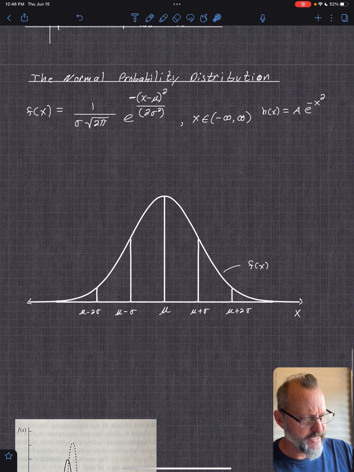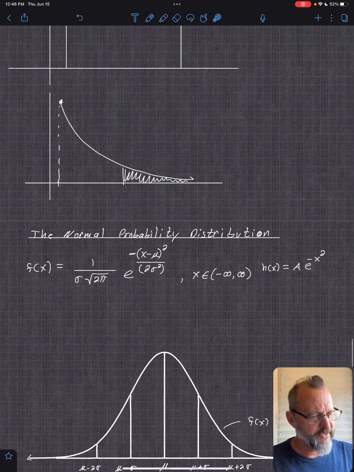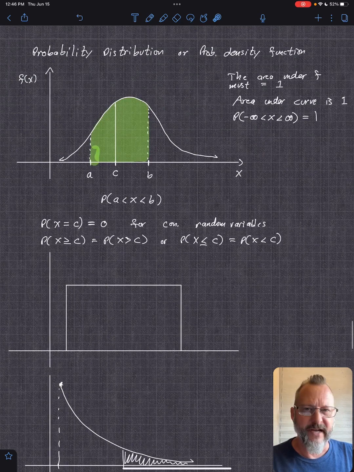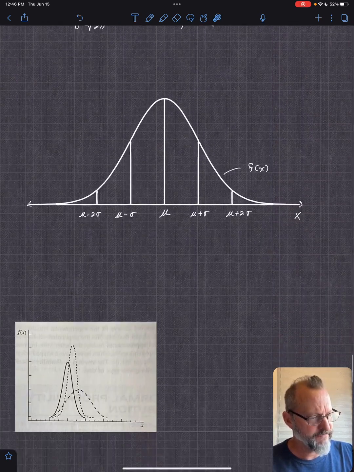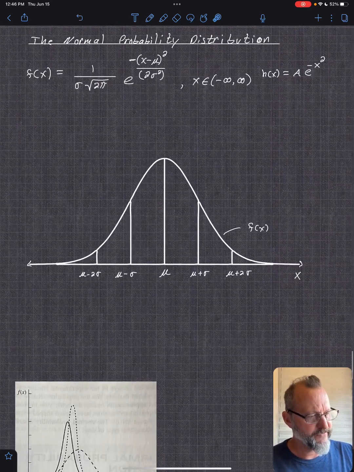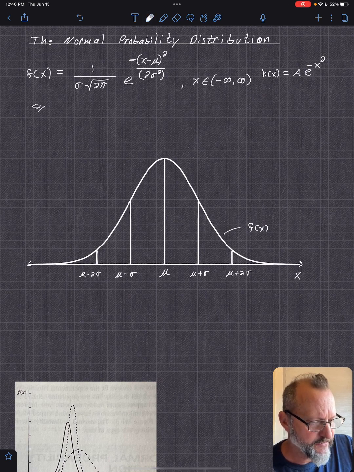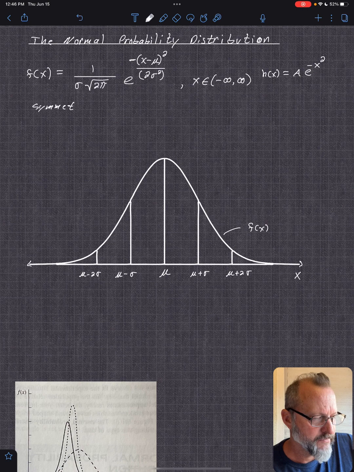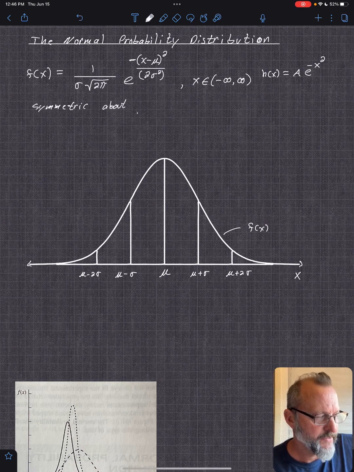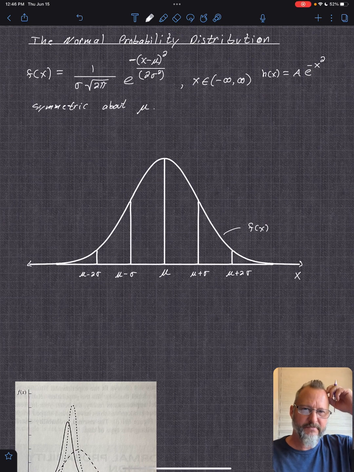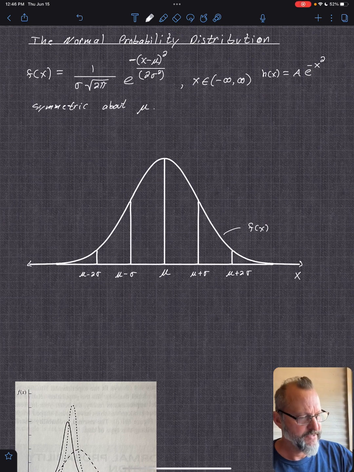So just as above for the probability density function, the area under that curve is 1. So a couple things about this. This is symmetric about mu, the mean.